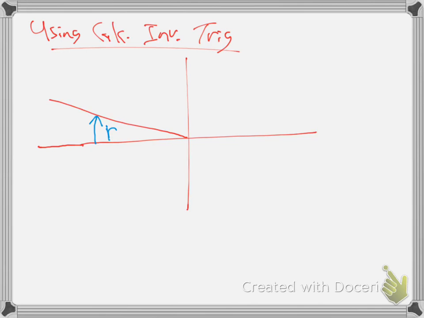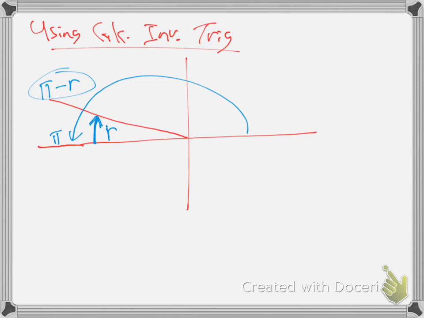So in the second quadrant, it is pi minus r. How so? Because to get there, you go all the way to here, which is pi, and then back up r. So if you're trying to find an angle in the second quadrant, it's pi minus r.